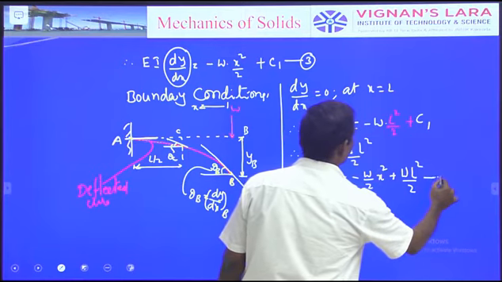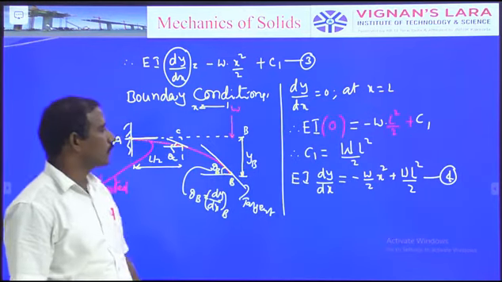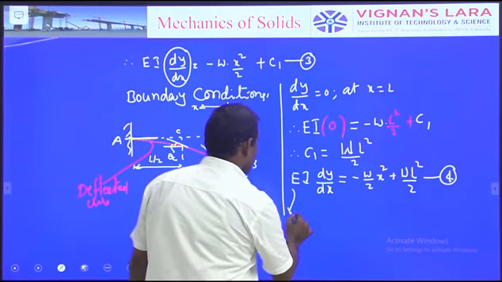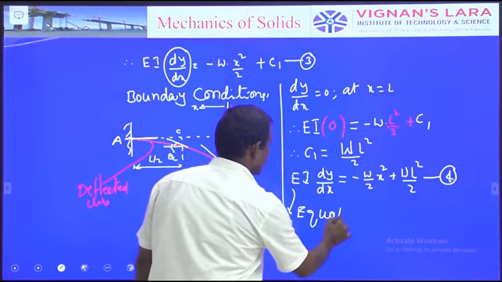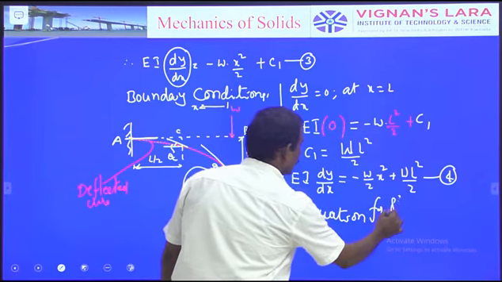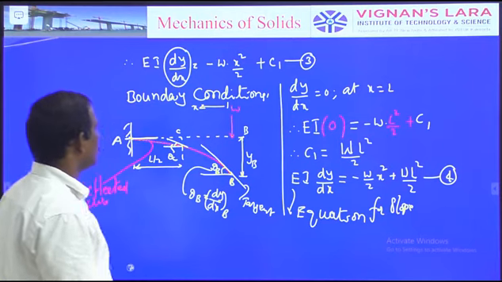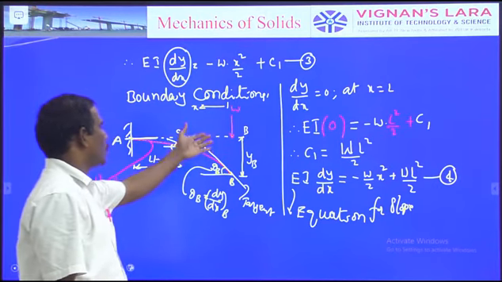Say equation number 4. This is called the equation for slope.